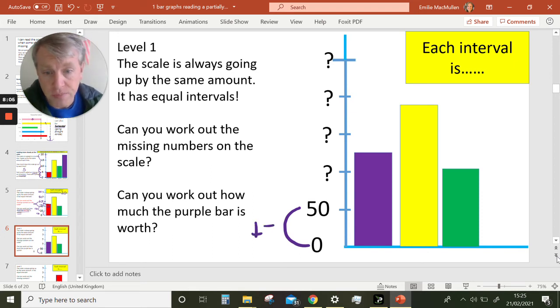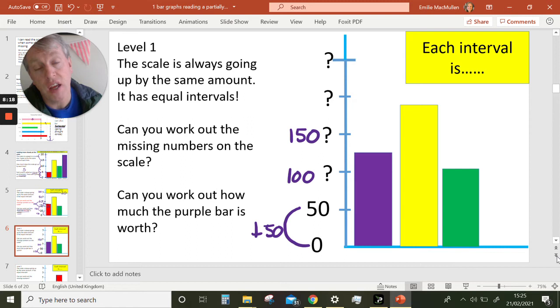So it's 0, add 50, we're going up in 50s. So we're counting in 50s, it's 100, and another 50, 150, and another 50, 200, and another 50, 250.